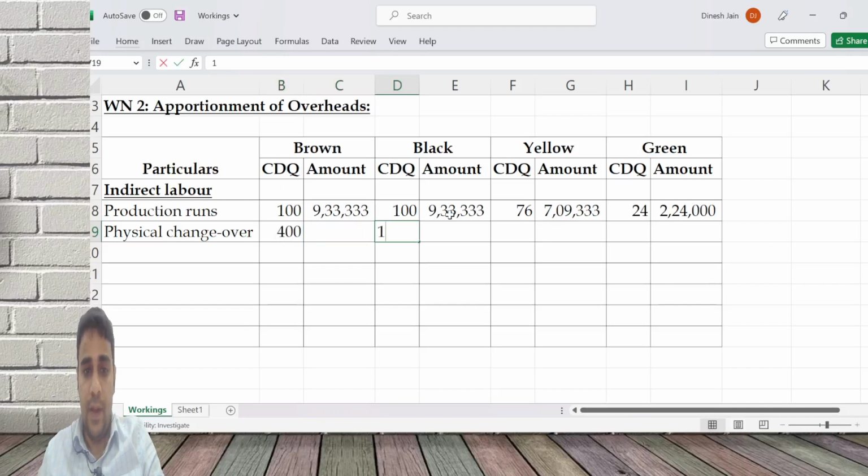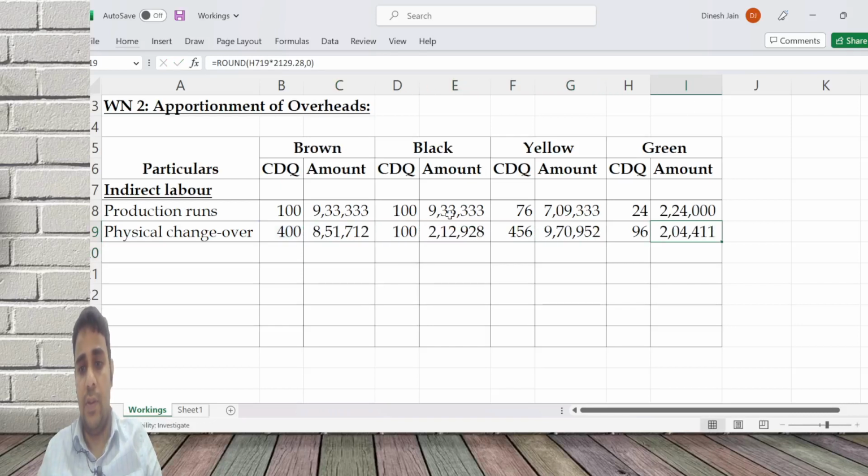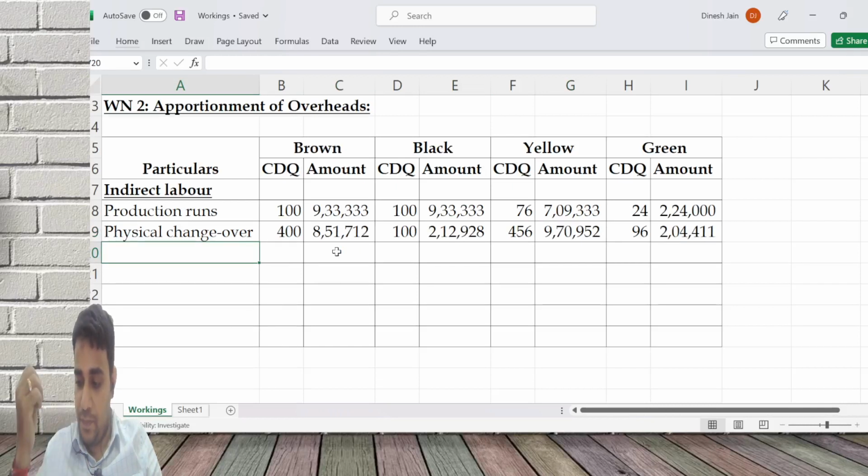The recovery rate we decided is 2129.28.